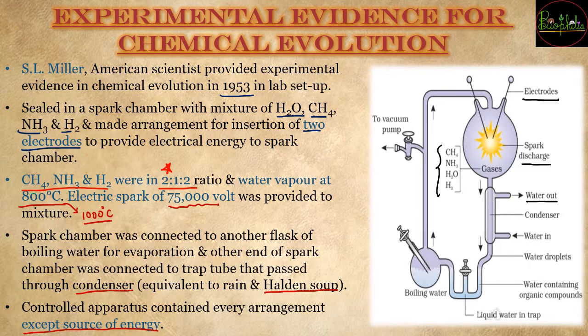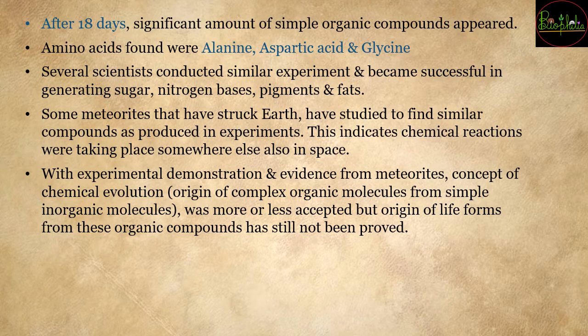Water droplets were formed, there was boiling water that was equivalent to the Haldane soup, and the water trapped was equivalent to the rainfall that was happening. All these things were set up. Now the point came, the real motive behind this experiment, whether it was successful in determining that life can come from chemical evolution.